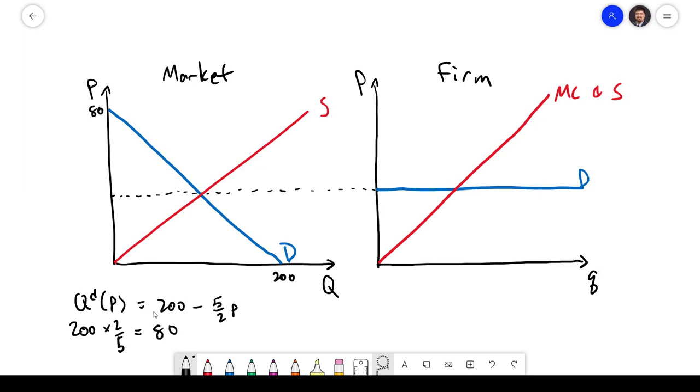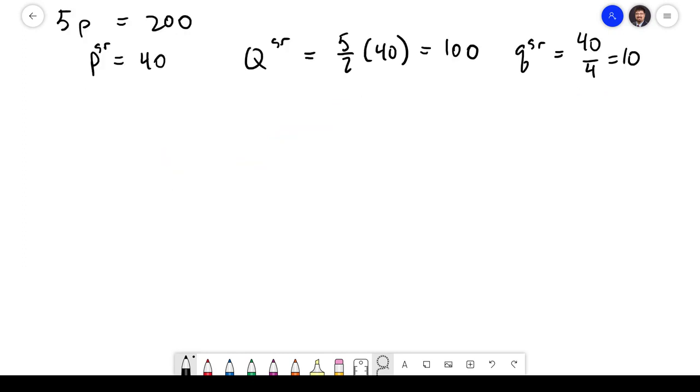Put that on the graph. The equilibrium price we found was 40. Market equilibrium quantity was 100. And over here, the price of 40 carries on over to the firm side, and we had an individual firm quantity of 10.